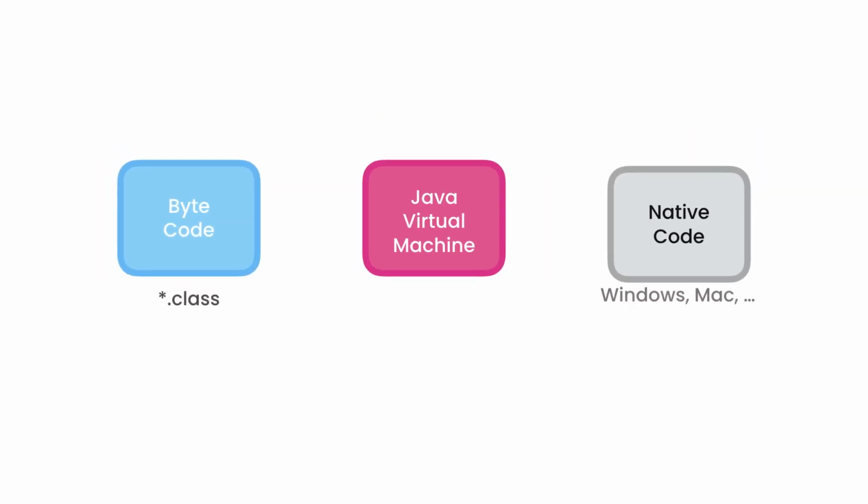This Java runtime environment has a software component called Java Virtual Machine, or JVM. This JVM takes our Java bytecode and translates it to the native code for the underlying operating system. So if you're on a Windows machine, this Java Virtual Machine converts our Java bytecode into the native code that Windows can understand.